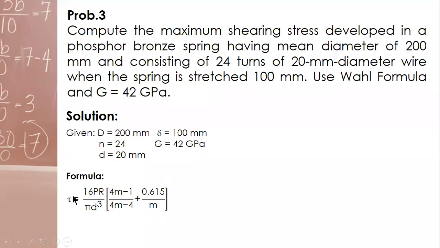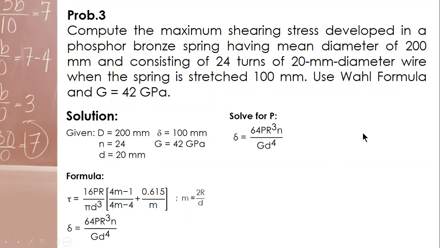Mao ni ang formula for stress, and formula dayon ni siya sa spring deflection. Now, given man ta og delta, mao na atong gamiton dire. So, substitute na to: 64 P, mean radius 100 cube, number of turns, and then G dayon D to the fourth.